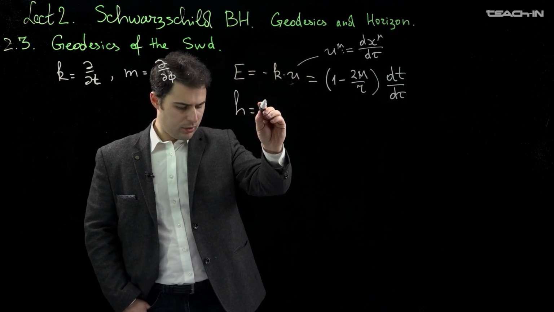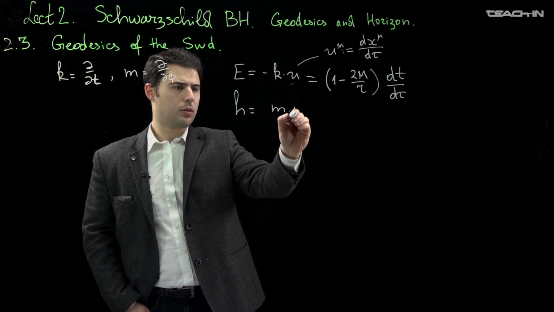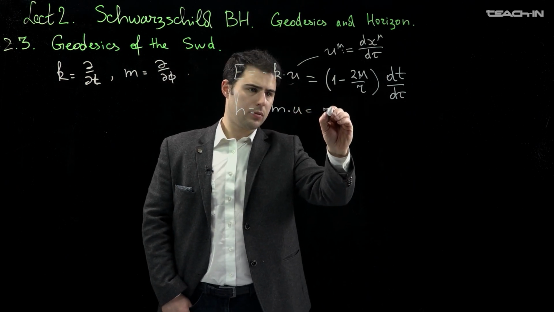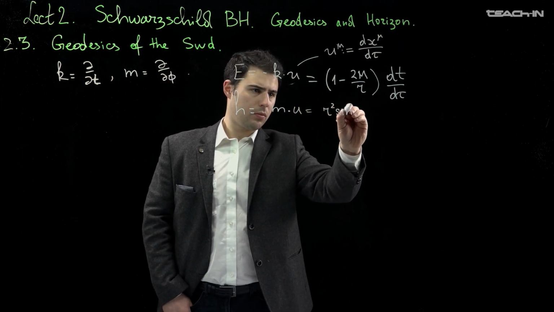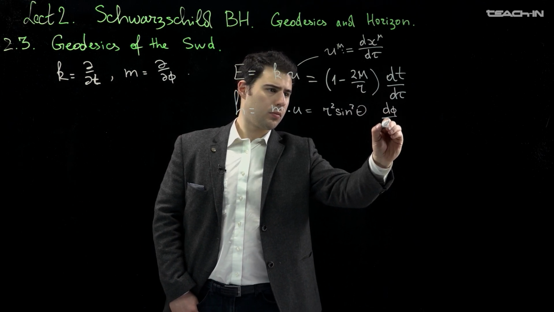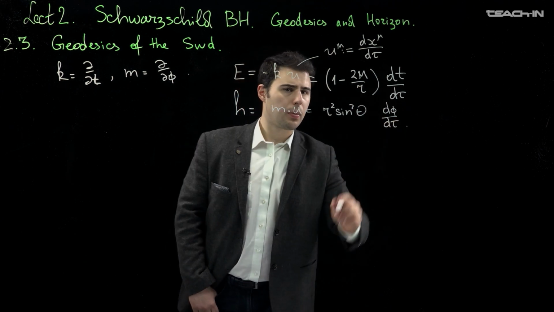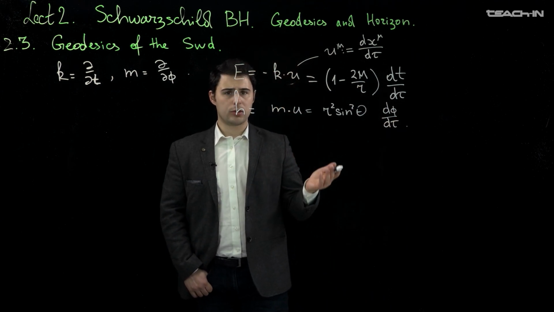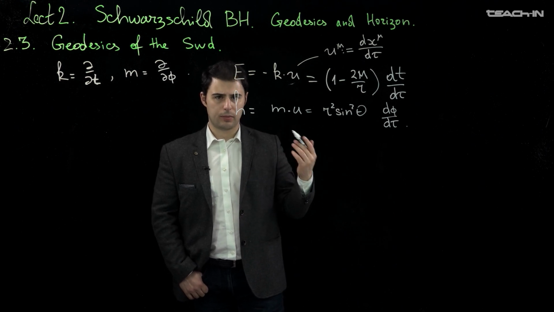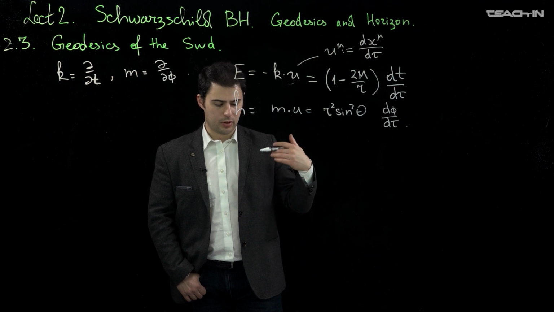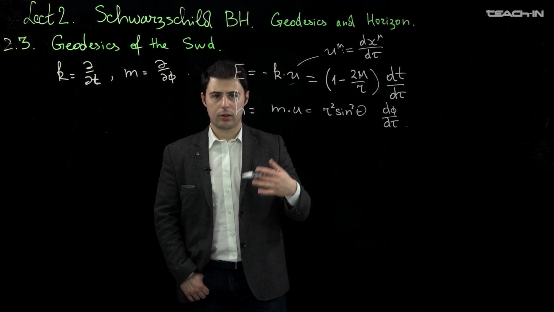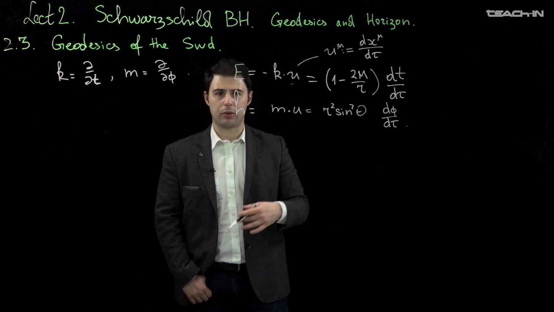And for the second Killing field we have the angular momentum L. The physical meaning of these two quantities is the energy per unit rest mass and the angular momentum per unit rest mass of the infalling particle.